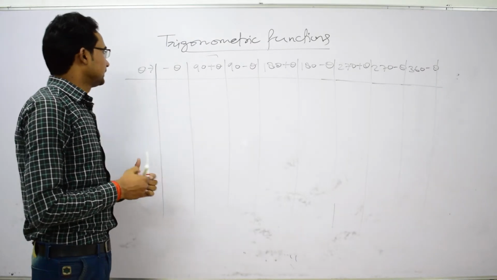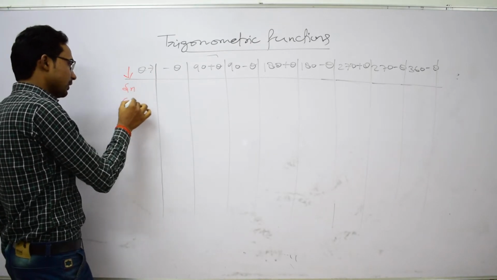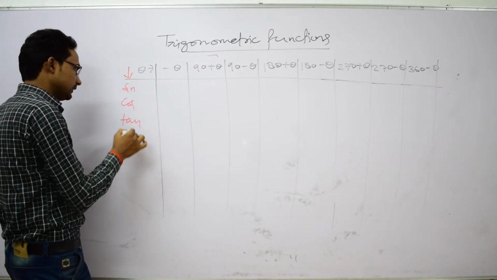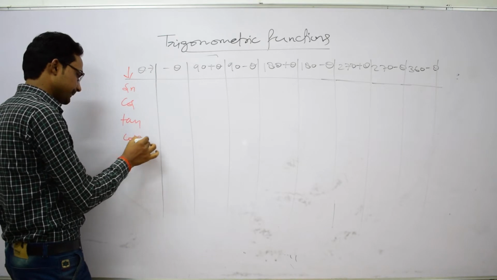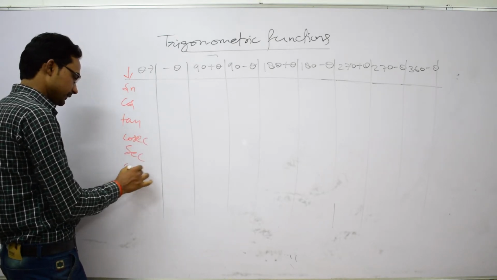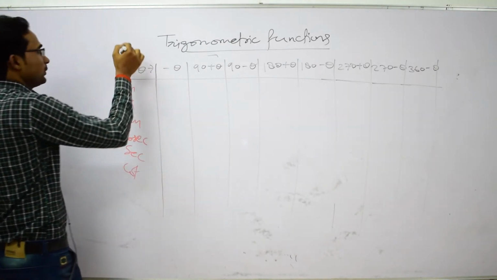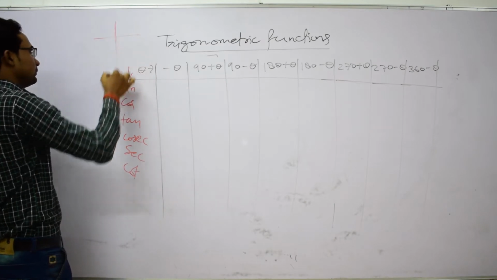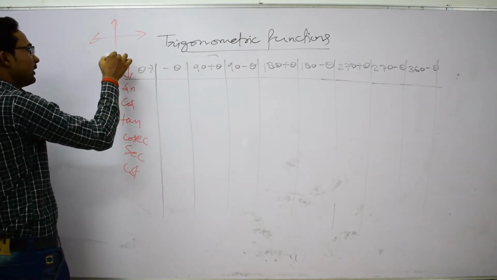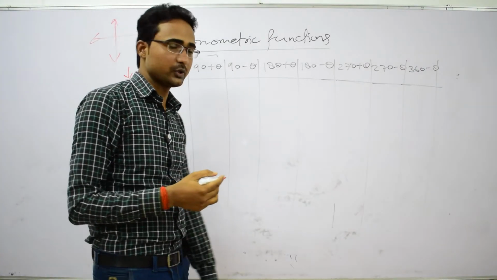Now, let's write down the trigonometric ratios here: sin, cos, tan, cosec, sec, and cot. Now, sin minus theta. Just one more thing is mentioned here, the quadrant, for understanding. In which quadrant theta will be negative, the sin trigonometric ratio will be negative or positive.